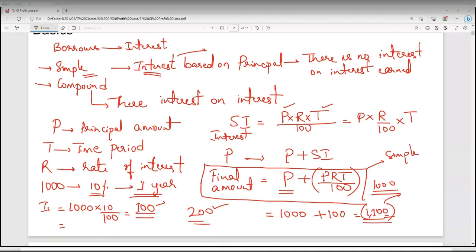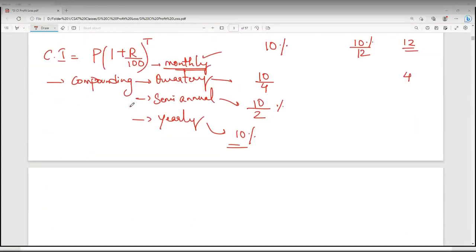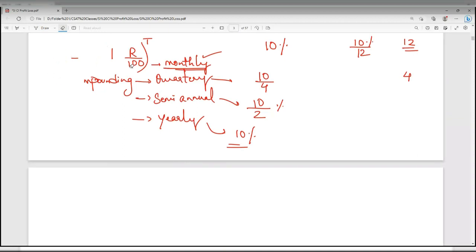We'll go back to these concepts once we are solving the questions. So we'll start solving the questions today, and if you have any doubts, they will be clarified once we start. Please take just a minute, I'll just rub this off. I hope you have gone through some of the basics and noted down the formulas.